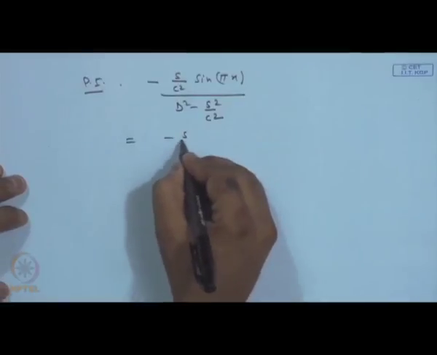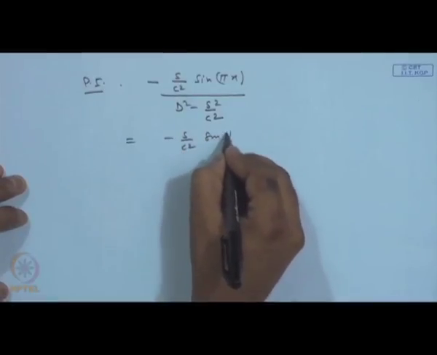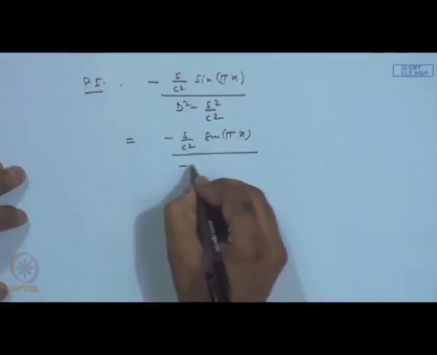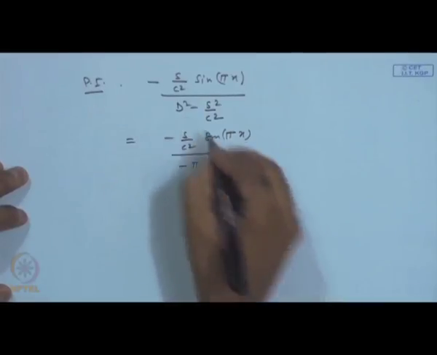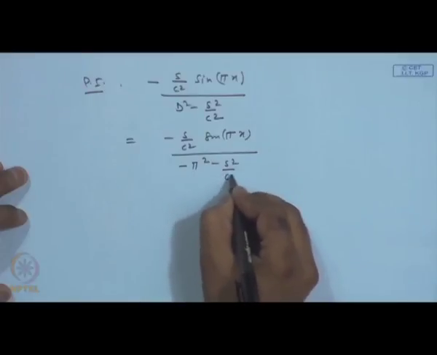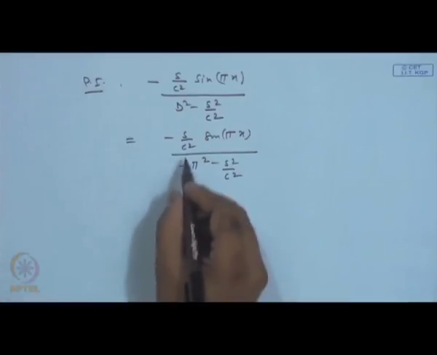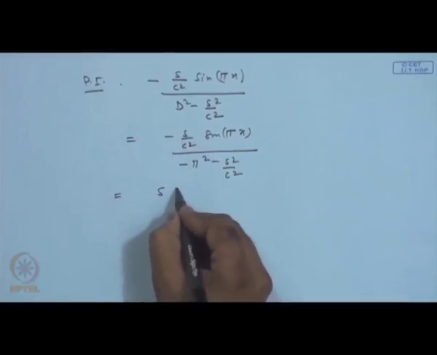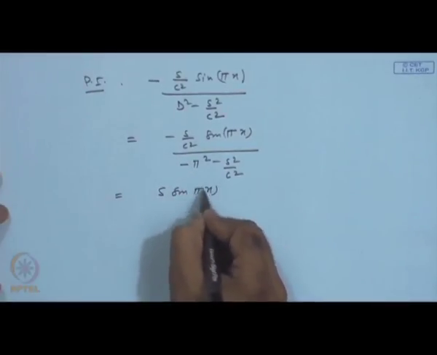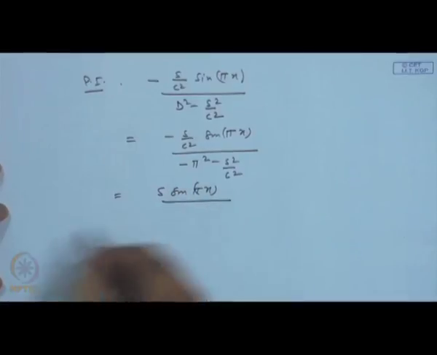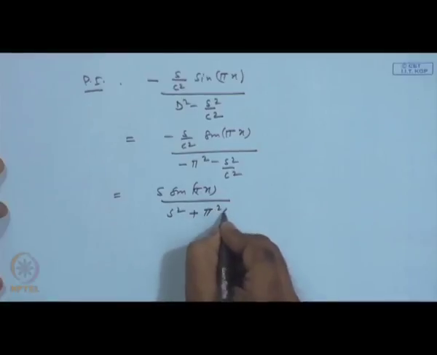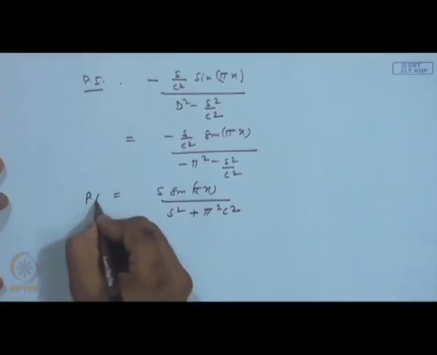So, we have s over c square and sin pi x over minus pi square minus s square over c square. So, the c square gets cancelled, and the minus sign also, we have s sin pi x over s square plus pi square c square. This is our particular integral.